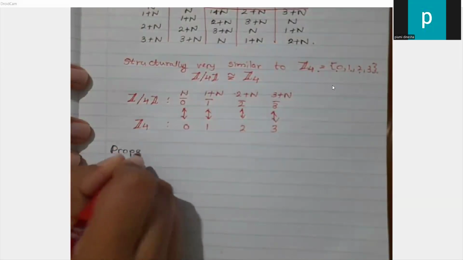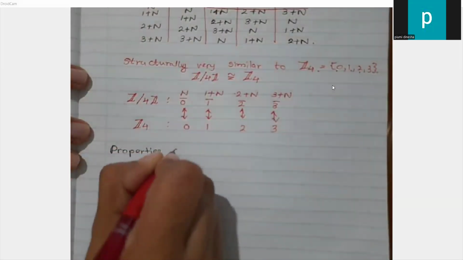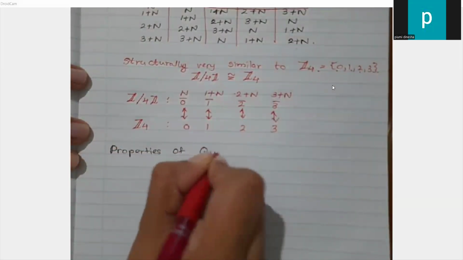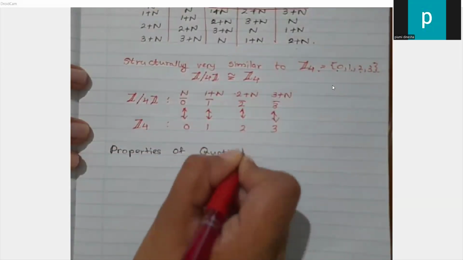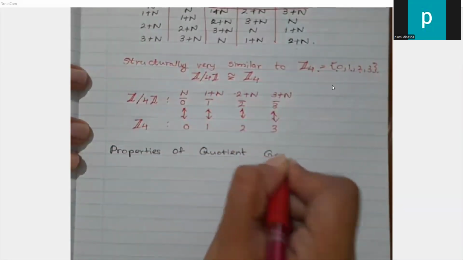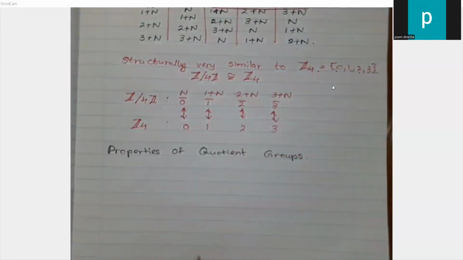This we have seen, okay, in these examples. Properties of quotient groups.